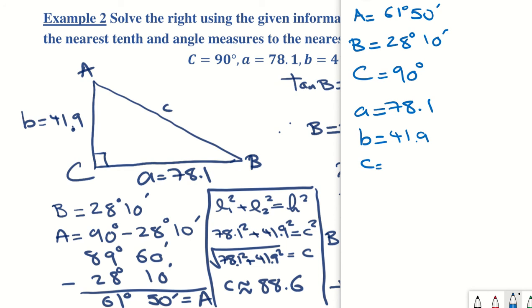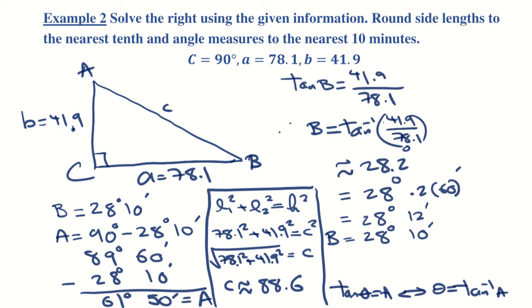And lowercase c is, we found it to be 88.6 right here. So if you really want to show that you've solved the triangle, you just represent the lengths of the three sides and the measures of the three angles, and then there's no doubt that you have solved it. All right, so run through that, make sure you can do it without a glitch, and we'll move forward.